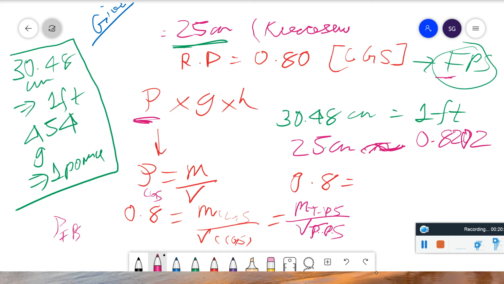And H is equal to P upon rho G. That we know. Fine. This will be taught in further classes.